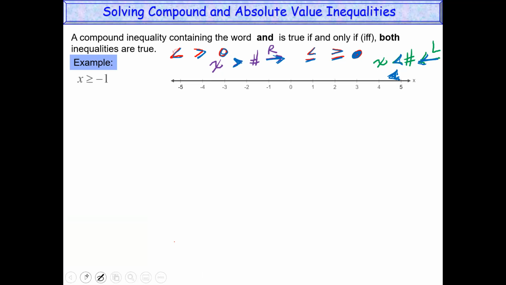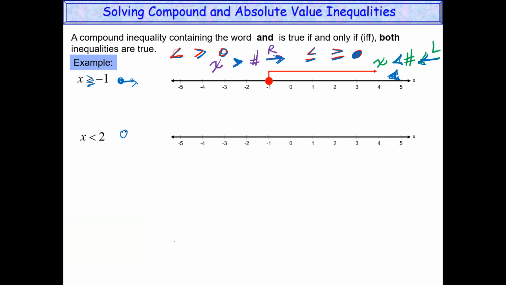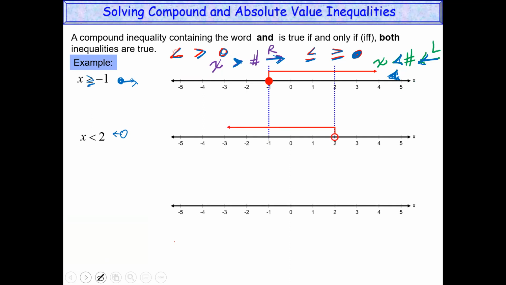So then looking at the first question right here, it is a closed circle and it's going to be shaded to the right because it is eating the letter X. Question number 2, it is an open circle and it's going to be shaded to the left because it is eating the number 2 and not the letter. Last one, this is a compound inequality where you have 2 different inequalities together.